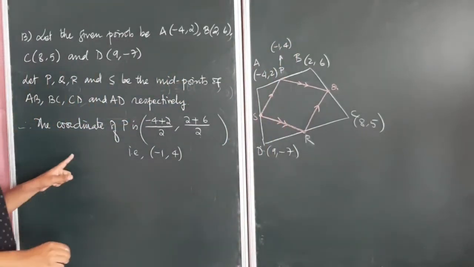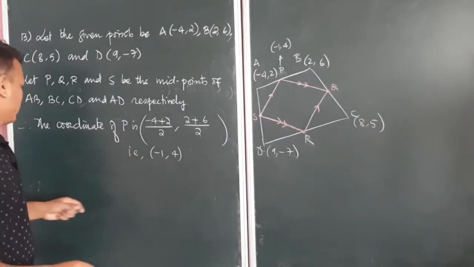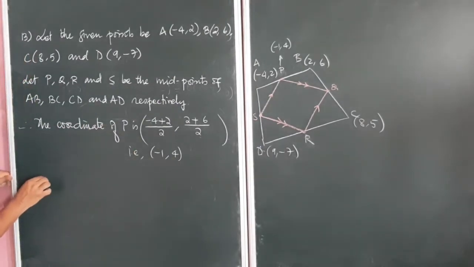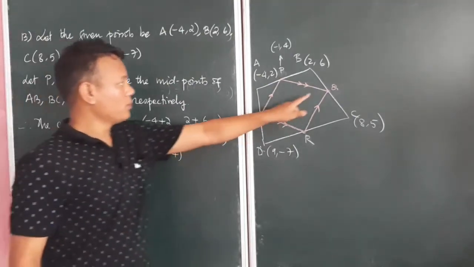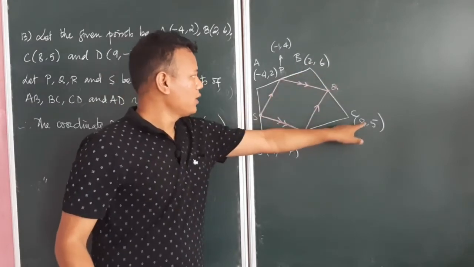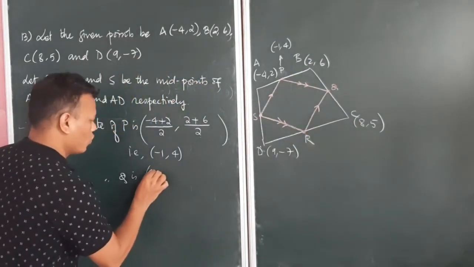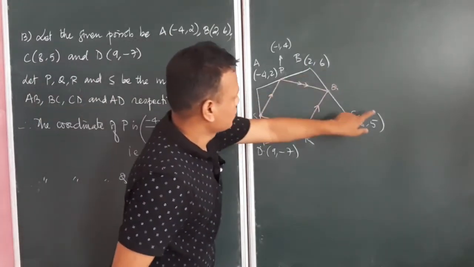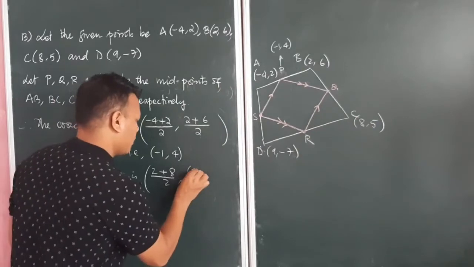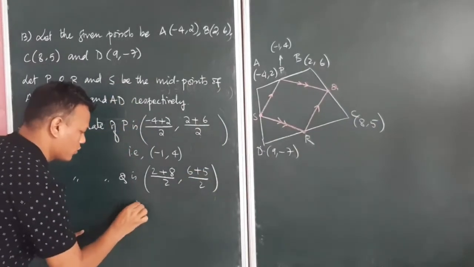So similarly let's find the coordinate of Q. Q is the midpoint of B and C, so x1 plus x2, that is 2 plus 8 by 2, comma 6 plus 5 by 2, which is equal to how much?